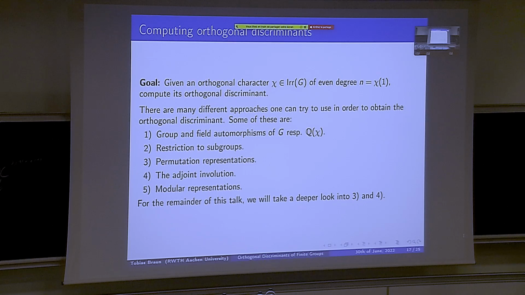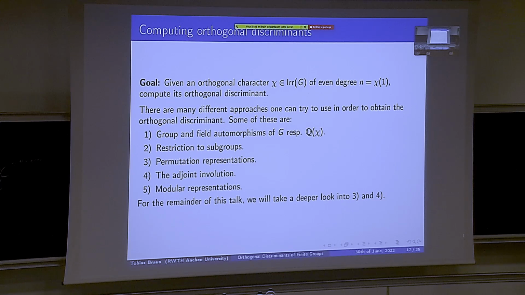However, there are some techniques that you can hope to use that might apply for the character that you're currently working on. Some of these are, for example, you can consider group and field automorphisms of G or of the character field. What I mean by that is you just take the automorphism group of G and it acts on the characters.